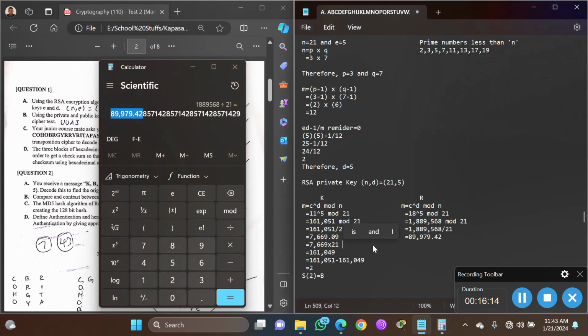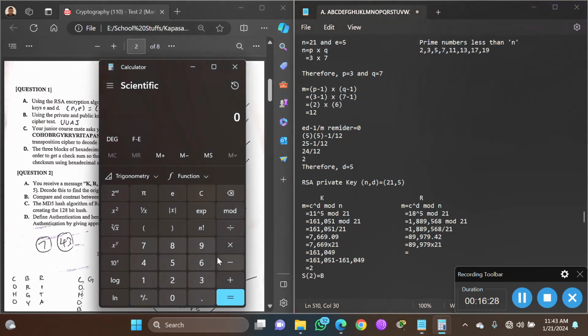Then the next step is that we get rid of the decimal places, then we multiply by the numerator, which is 21 this time around. Then we have 8, 9, 9, 7, 9 times 21.